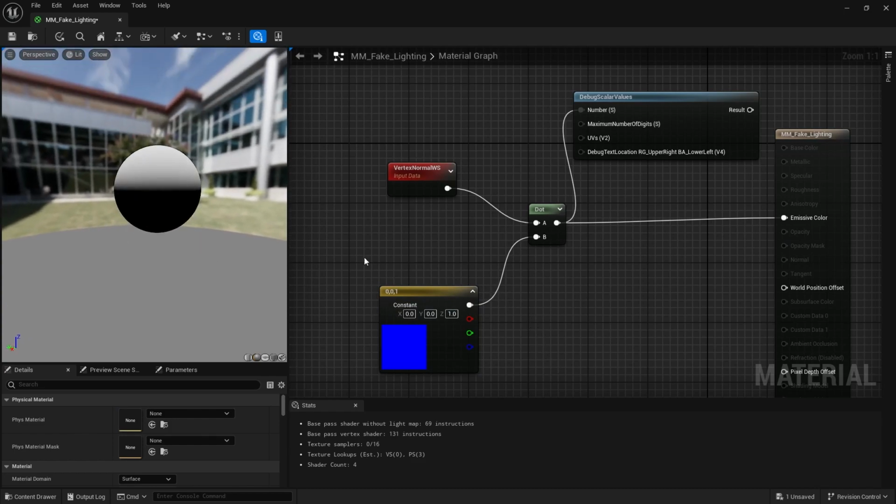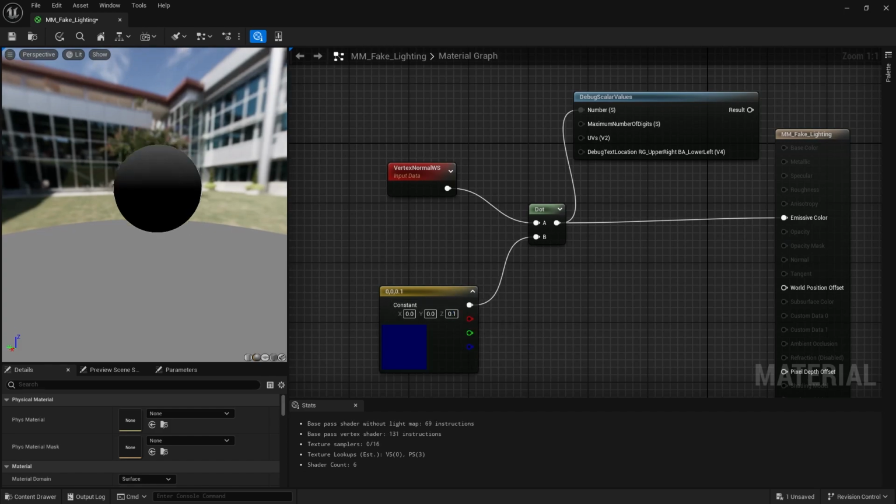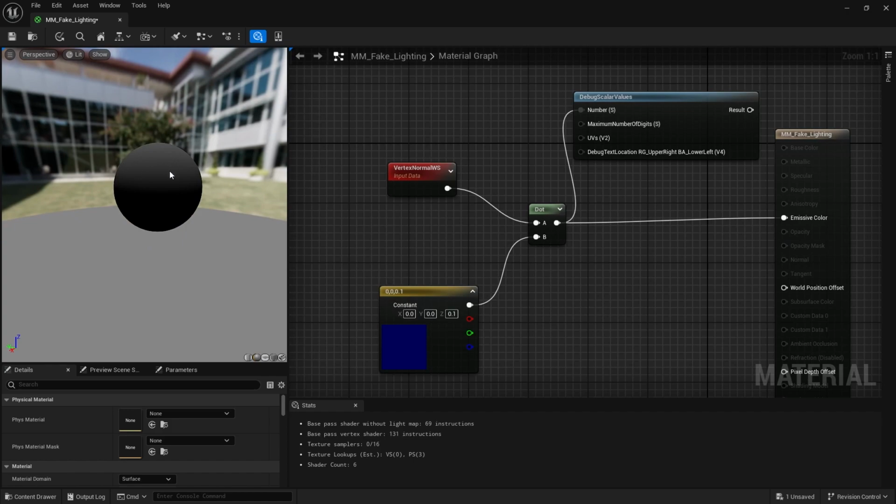So there are a few things. Let's say I want to use this somewhere in the shader, and if I do this as 0.1, the light fades out completely, but we want the full interaction of the light, no matter what the vector is facing, or how much intensity it has.